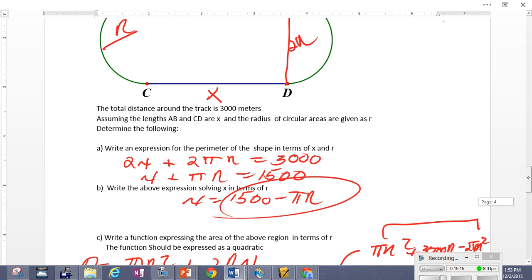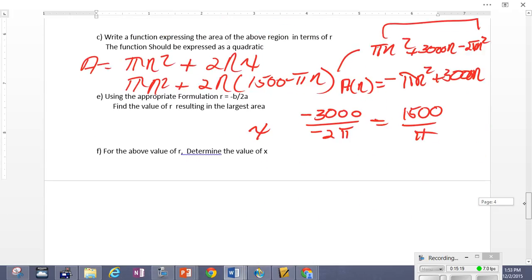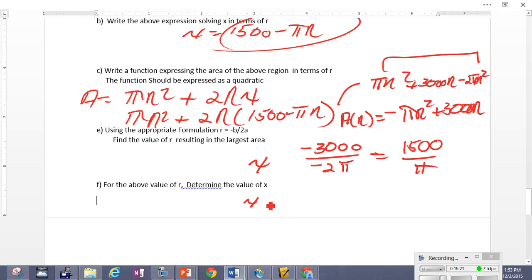Optimizing the greatest area, I come back here, it says x is 1,500 minus pi r. This is what r is, not x.